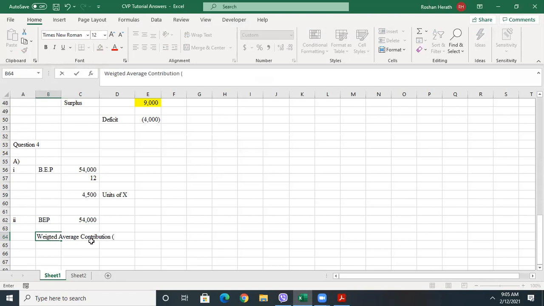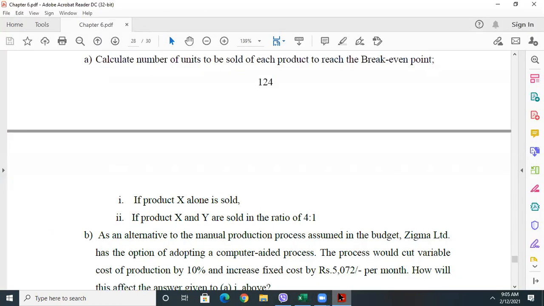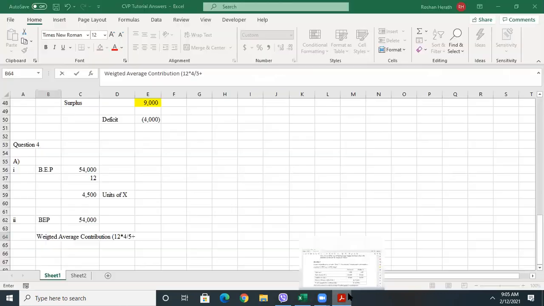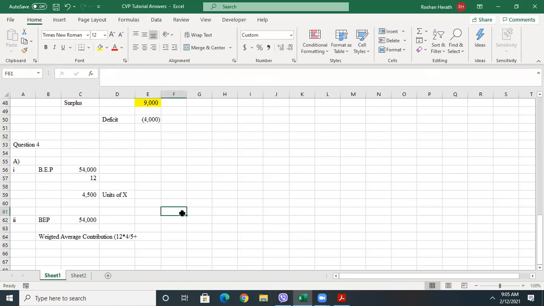So in that, you can see the first one gives you the contribution of 12, but once you take it as a weighted average one, it's 4 out of 5 units, 80%. And then you need to figure out the contribution of product Y. How much is the contribution? It's 80, 60, it's 20, 20,000 divided by 2000.